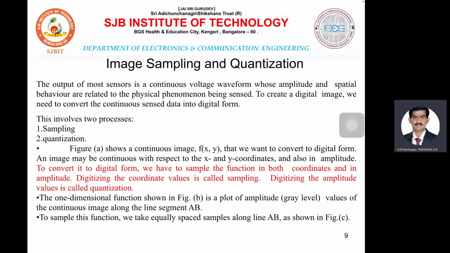One is called sampling, and the second is called quantization. Usually the input image is represented as f(x, y). The image may be continuous with respect to the x and y coordinates and also the amplitude.